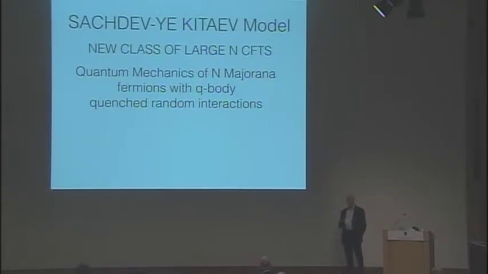This is simply a quantum mechanical system consisting of a large number of Majorana fermions with random quenched interactions. Describing a system with random interactions is characteristic of disordered systems like glasses and gives rise to fascinating behavior. It's rather unusual to use them in fundamental physics and especially in holography.